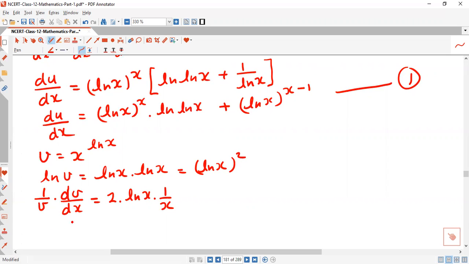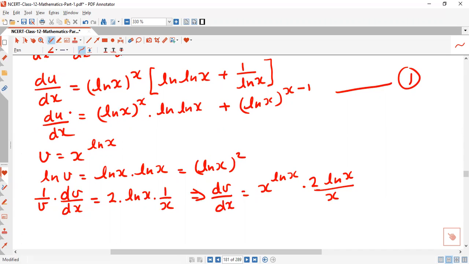So dv by dx comes out: v is here, x raised to log x, multiplied by 2 times log x, divided by x.